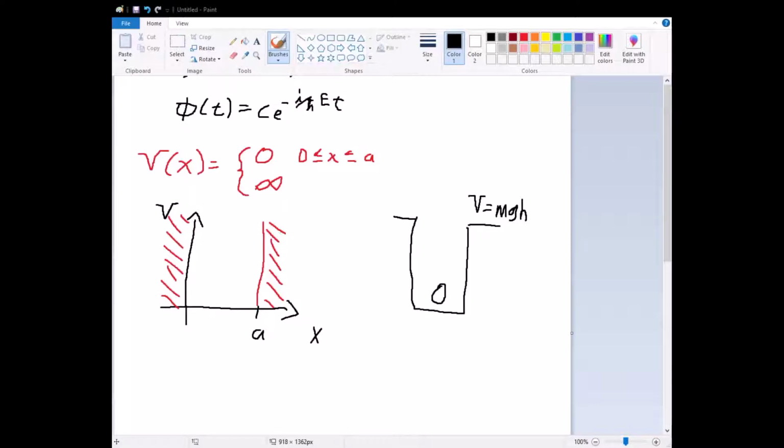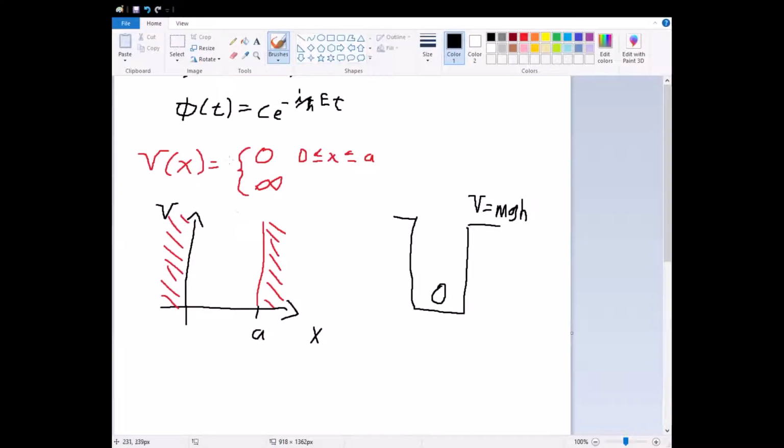However, this is a very nice situation, because this potential is very simple, and it actually ends up being very simple to solve as a result. By first looking at this and solving this, we can get some background and something to build off of as we move on to more realistic and more complicated systems with more complicated potentials.